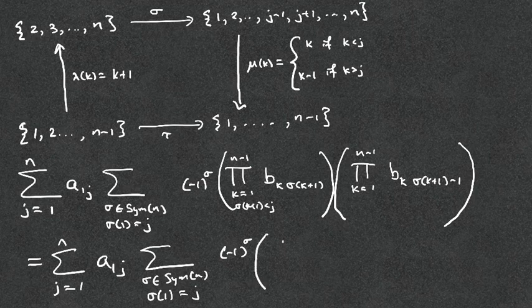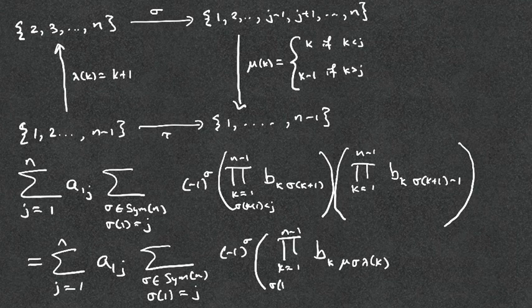And so we can write this as the product, k goes from 1 up to n minus 1, b of k, and now our functions can look like mu, sigma, and lambda applied to k. And this is going to be for sigma of k plus 1 being less than j.